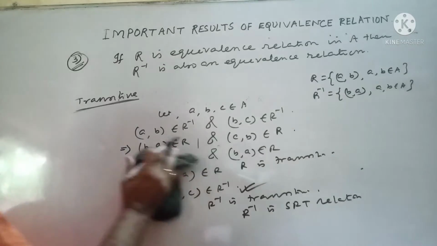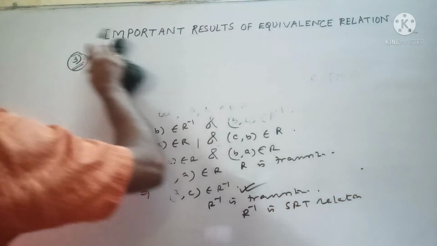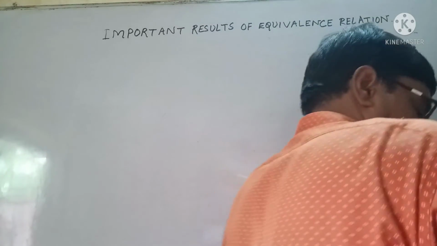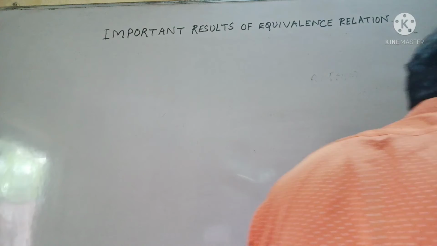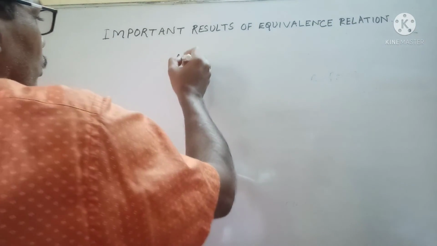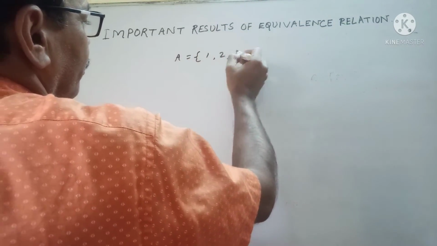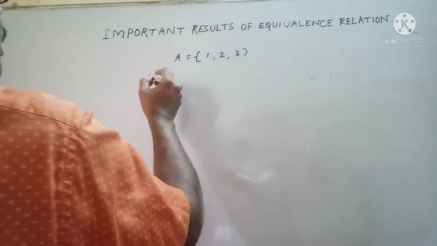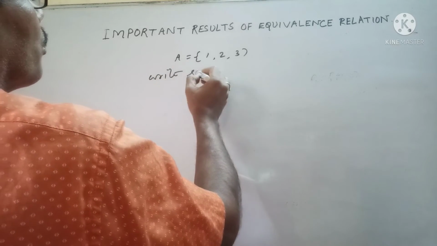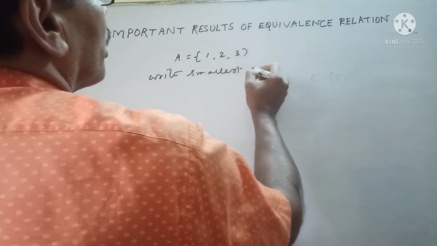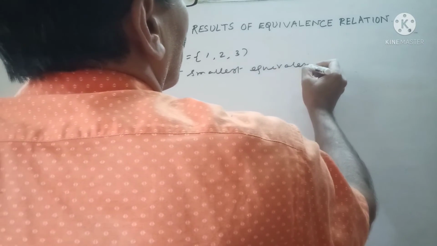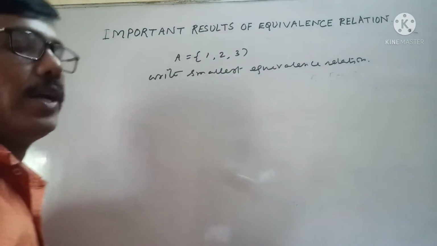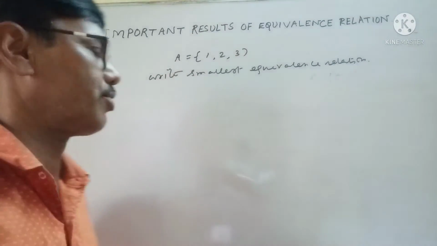Now solve a problem. A equals 1, 2, 3. Write the smallest equivalence relation. From A you have to find the smallest equivalence relation.